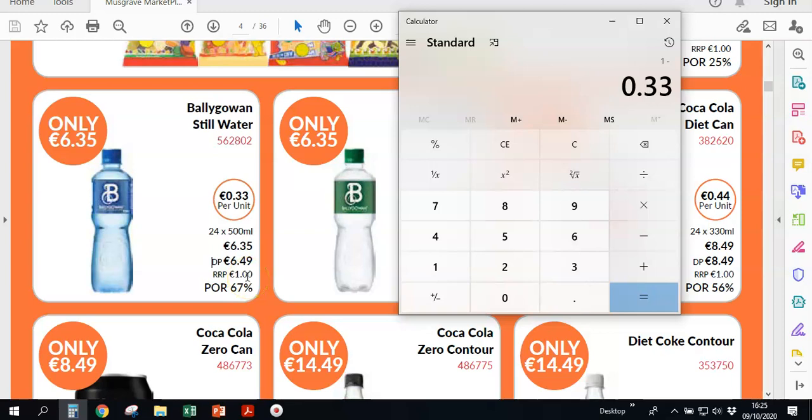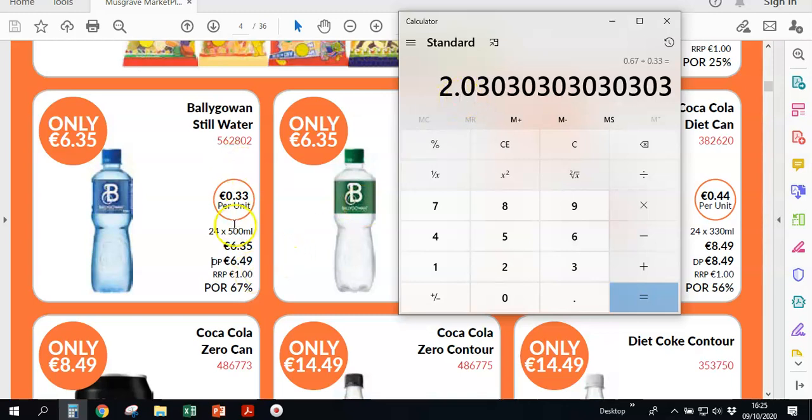Take off the 33 cent that you paid for it, leaves you with 67 cent divided by the revenue, which is the €1, 67%. So your margin there is 67%. But if you wanted to go markup, just be careful, it would be 0.67 divided by 0.33, which is 200%.